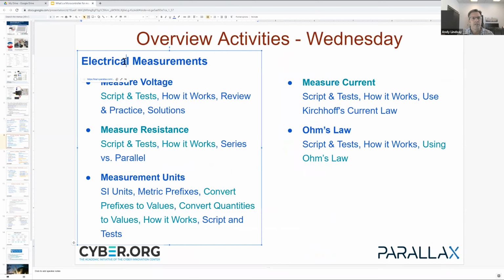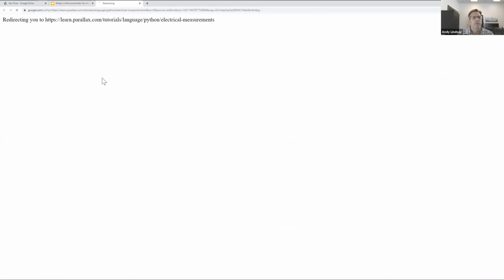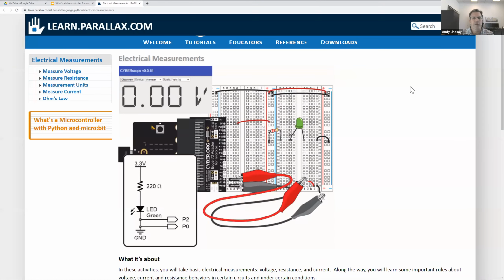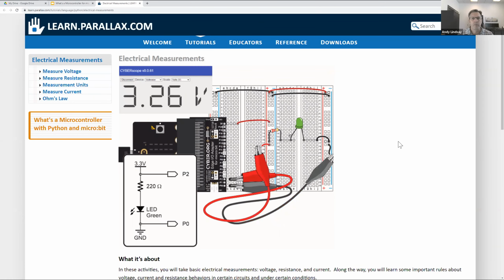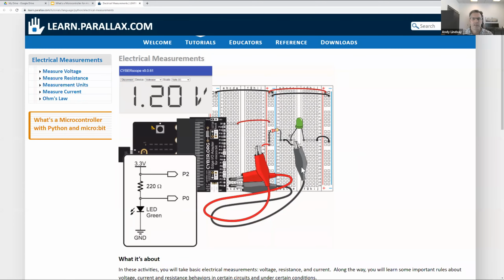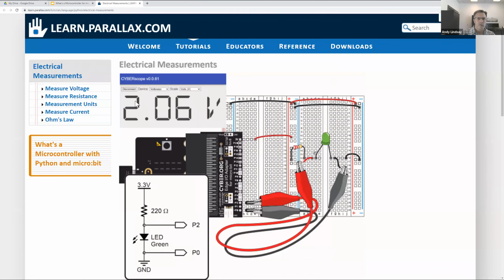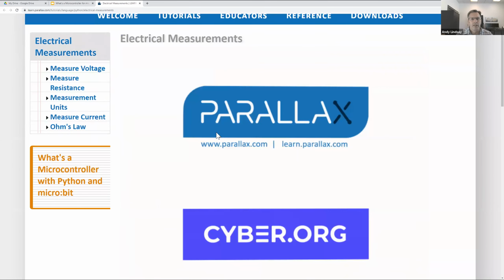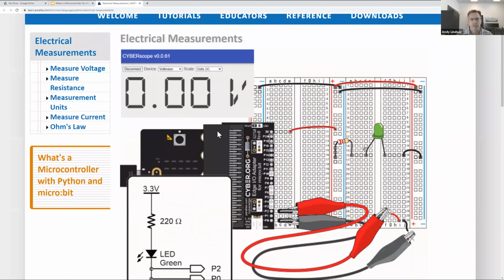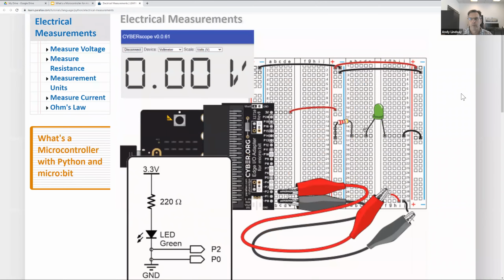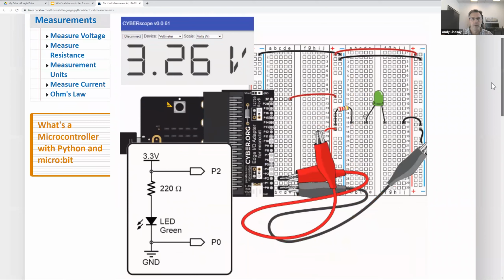And then some other things. This is the electrical measurements chapter, which is going to be optional for some of you. For the pre-engineering side, it's going to be a pretty important chapter. And so here you can see an example of where we're taking measurements. In this case, these are voltage measurements, which is introduced in the chapter as a form of electrical pressure that propels electrons through a circuit.